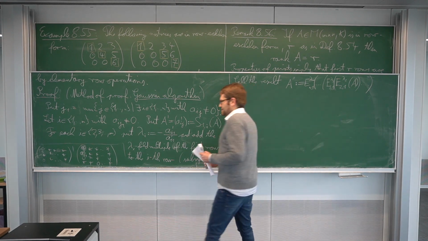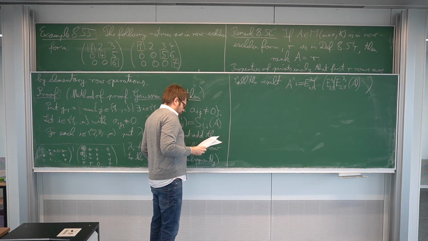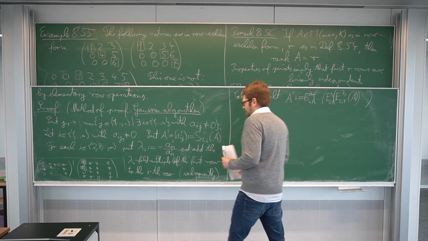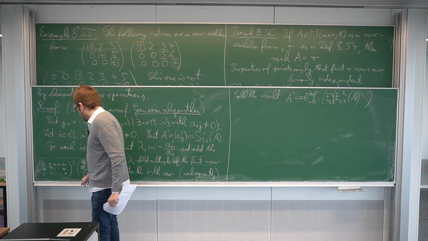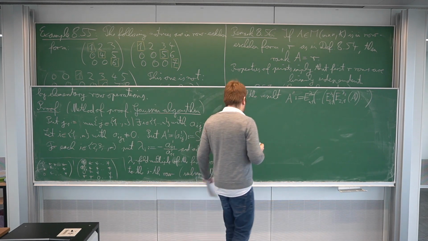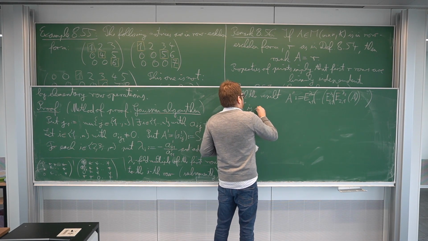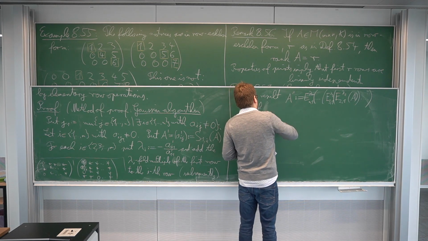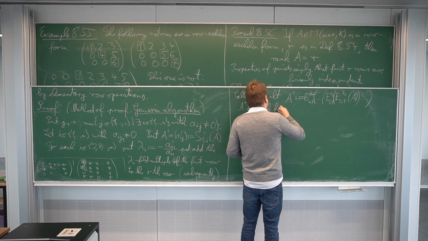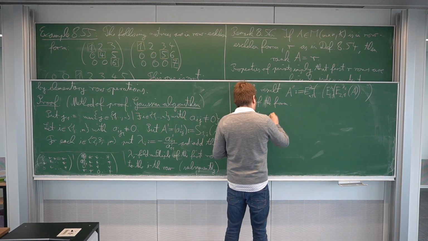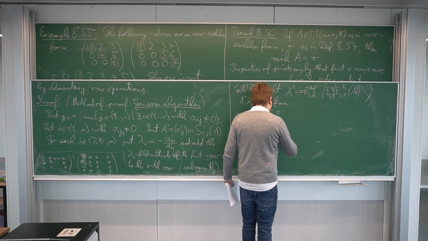Looks a bit messy, but I hope it's readable. So we can do this, and then we have basically cancelled everything in the first non-trivial column except for this first pivot element. This means A double prime would then be of the following form. In the first columns we might have zeros, we don't know.